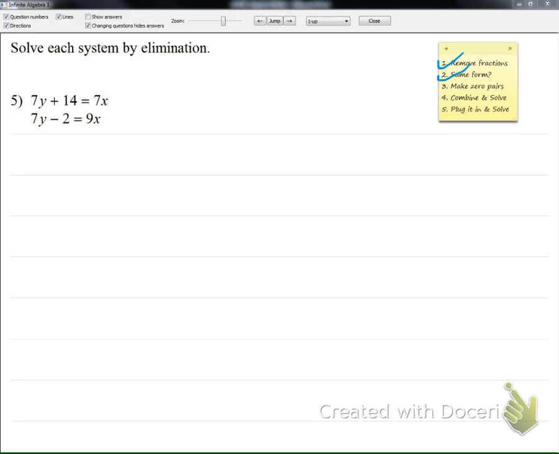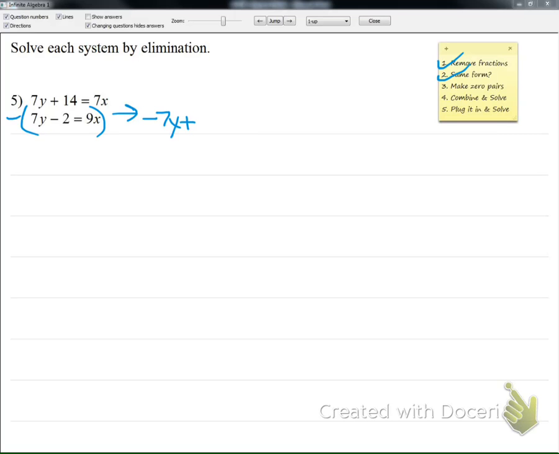Now we're ready to make our zero pair. This one's really easy. If you look at your y terms, we already have the same number. The only thing we're missing is the opposite sign. So remember, all you have to do is multiply the entire equation by a negative, or change all the signs.